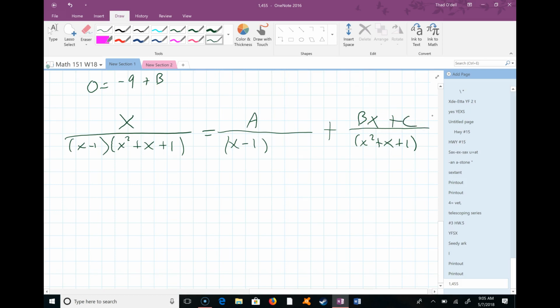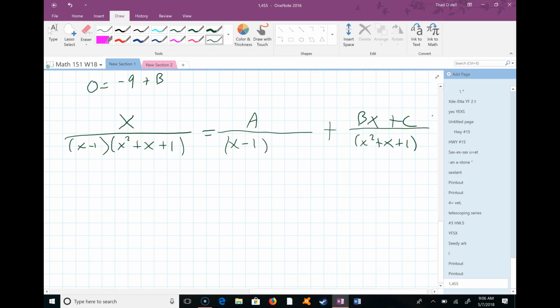Because the top of my fraction always has to be 1 degree smaller than the bottom. So notice in the first one, it's a first degree polynomial, so the top can be a 0 degree polynomial. In the second one, because it's a second degree polynomial, the top could be a first degree. It doesn't have to be. I mean, b might end up being 0. But we have to allow the possibility for it. Okay?